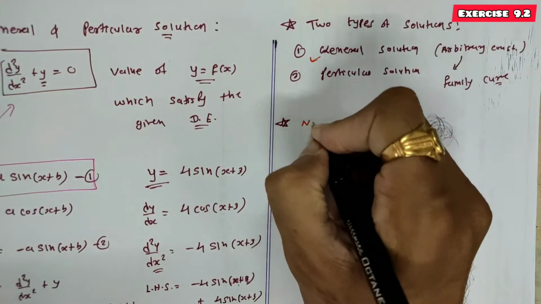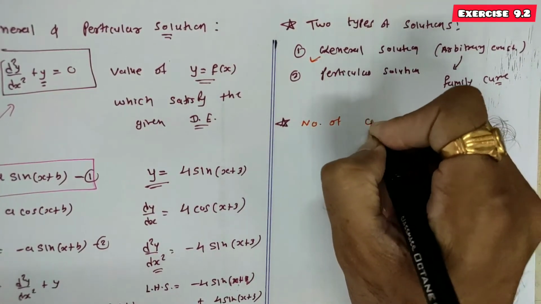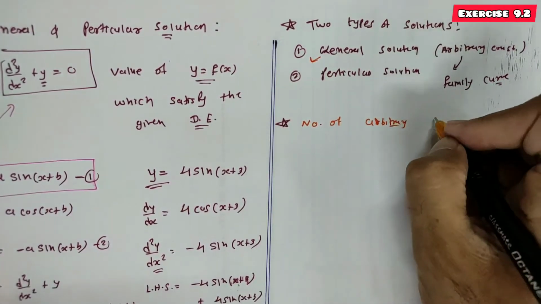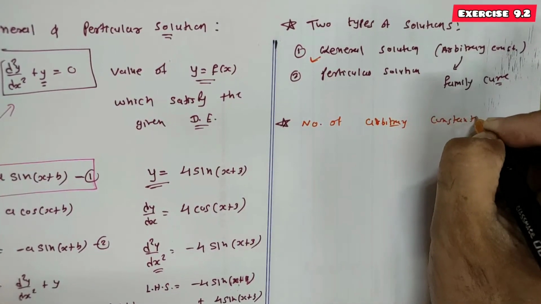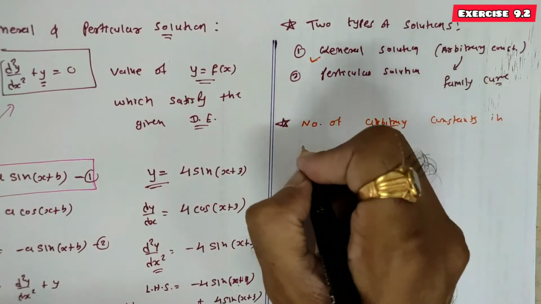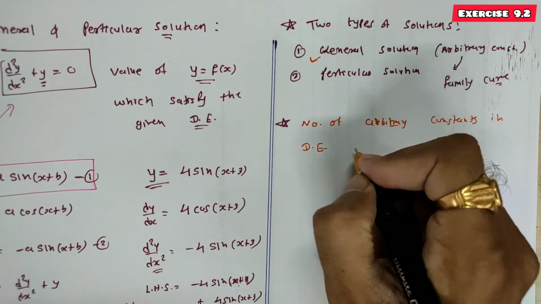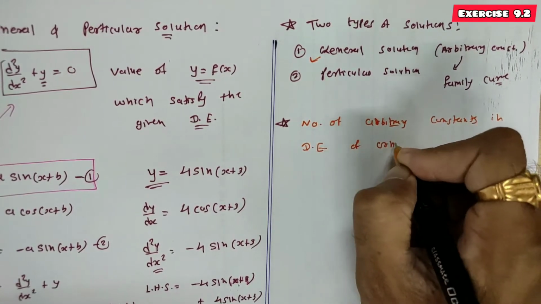So the number of arbitrary constants in a differential equation of order n.